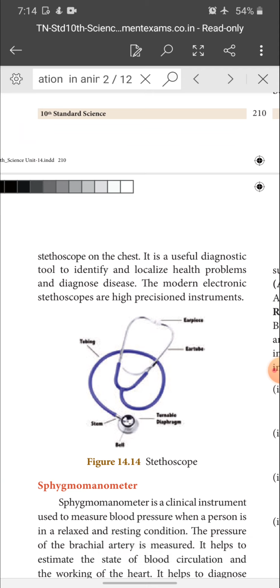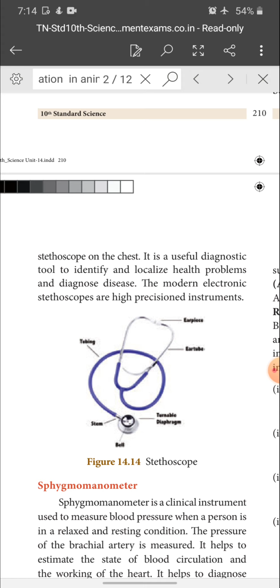When we are not feeling well, we go to the doctor for treatment, isn't it, children? What does the doctor immediately do? He keeps a stethoscope on the chest and observes the heartbeat sound as well as the internal sounds. If an internal organ is not functioning, we can find that also.